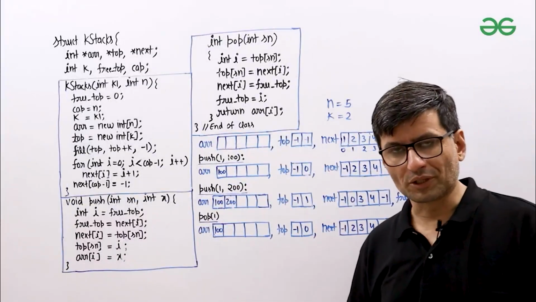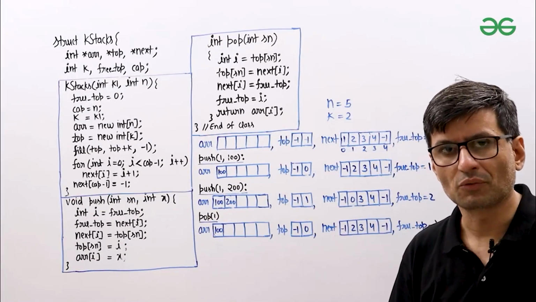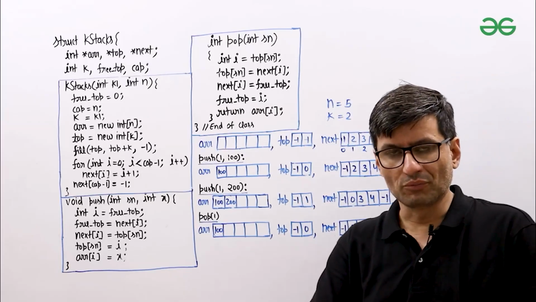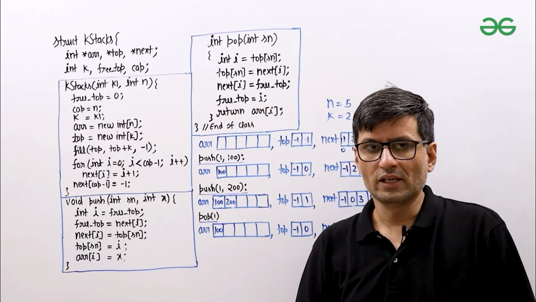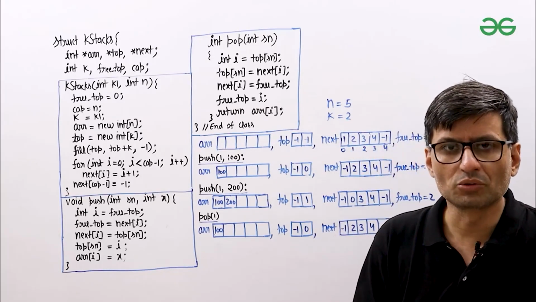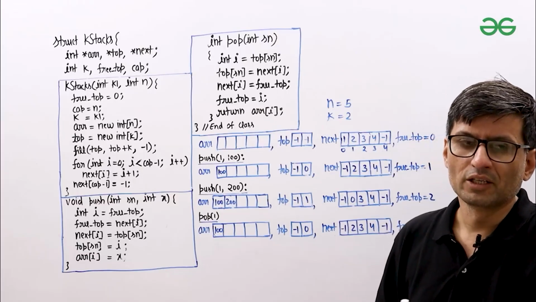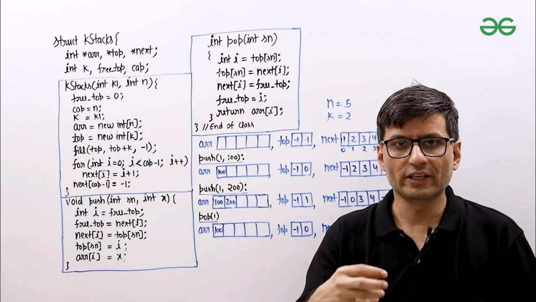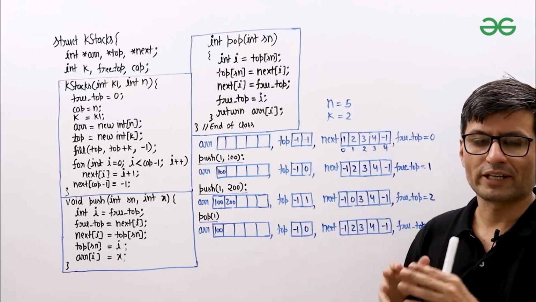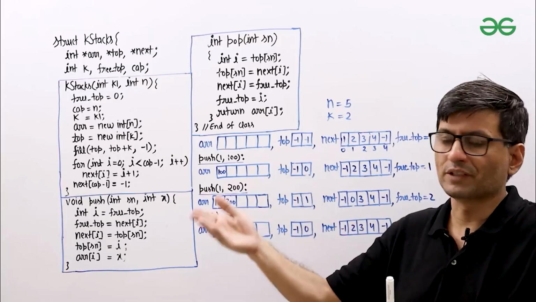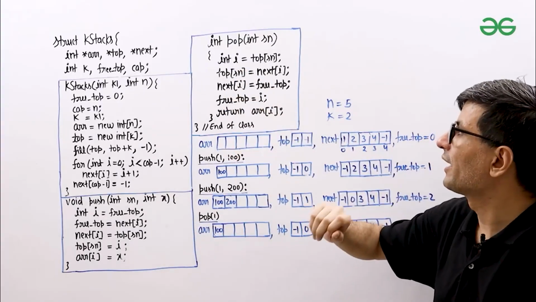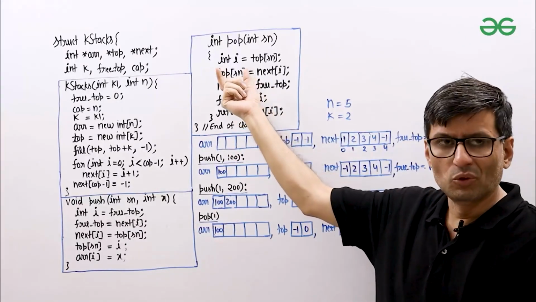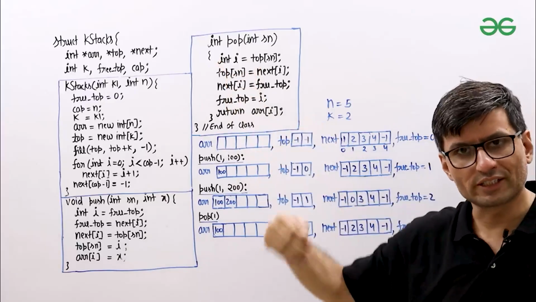Let's now see the pop operation. In the pop operation, what we need to do is remove the top item of the stack and assign the slot to the free stack, right? So we first get the index of the top item, because that index is now going to be part of our free stack. So we get the index, right? And then we move the top of the current stack to its next item, right?